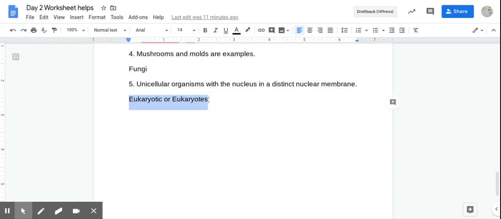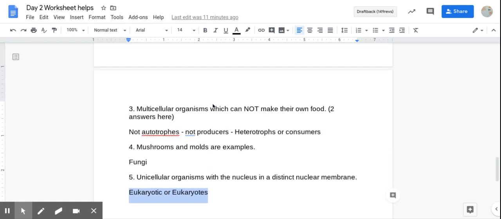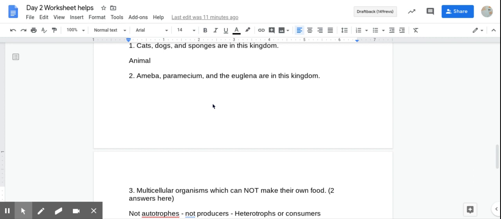We talked a little bit about this in our cell unit, but I know it's been a while. Let me repeat, I am not going to post an assignment for tomorrow. I'm going to let you use tomorrow to get caught up on day 1 and day 2, especially since there were some wonky questions about this worksheet.